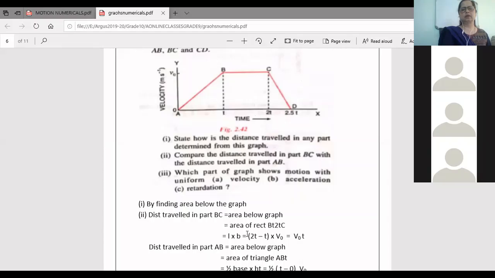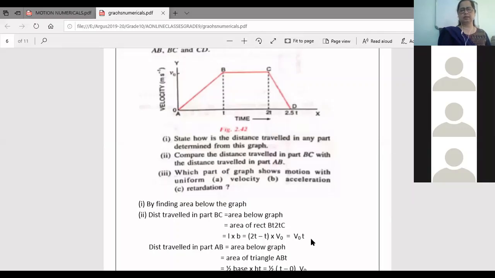So V0 into 2t minus t. We all know 2t minus t is t, right? So the distance traveled in BC is V0t.